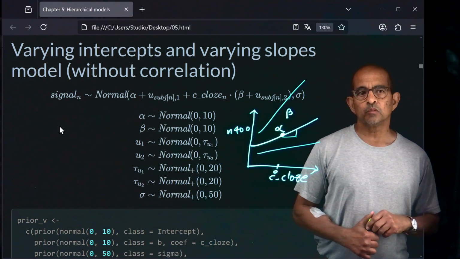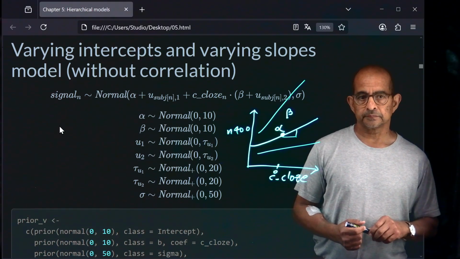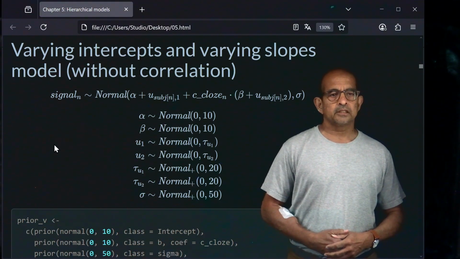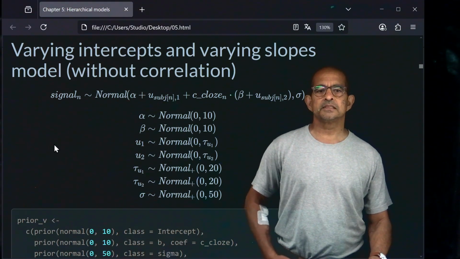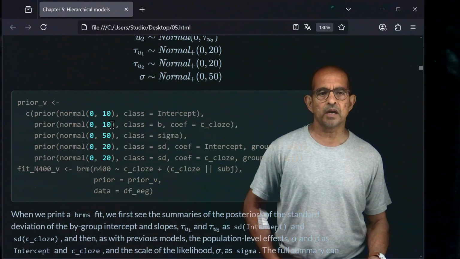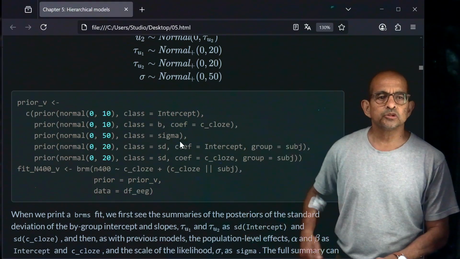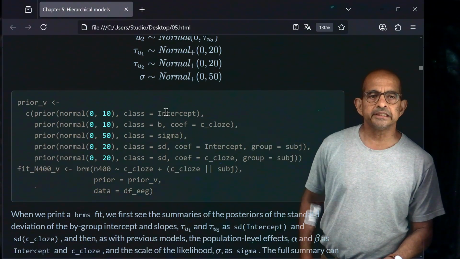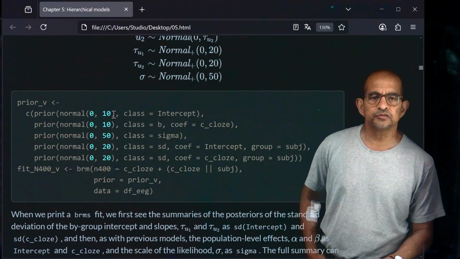The way this model works is as follows. Let's take a look at this model in BRMS syntax. We first define the priors. So you just take these priors and write them out here. The important thing to notice here is that we've got the intercept and slope priors. You've seen that before.